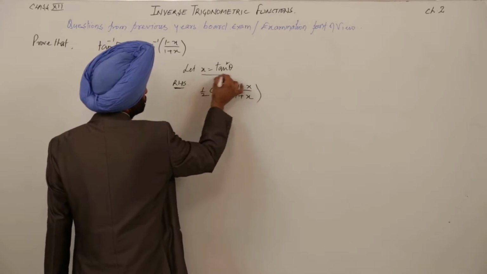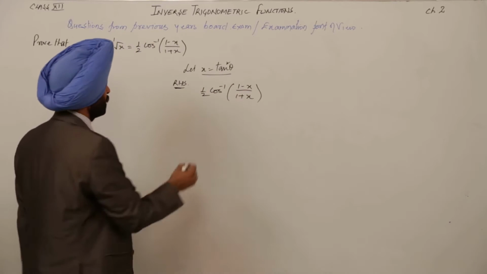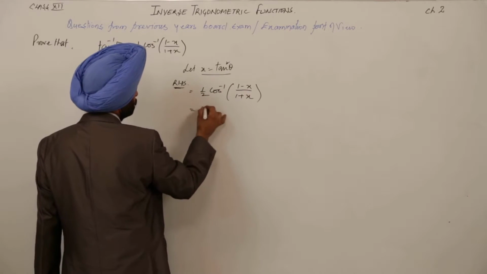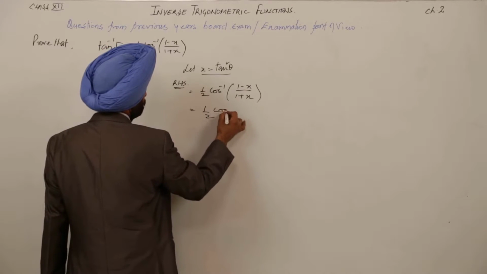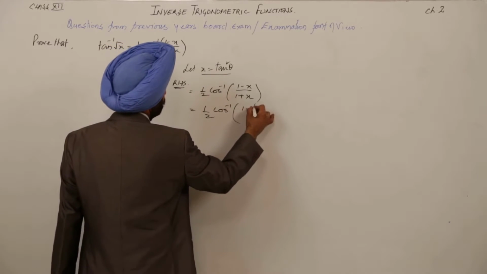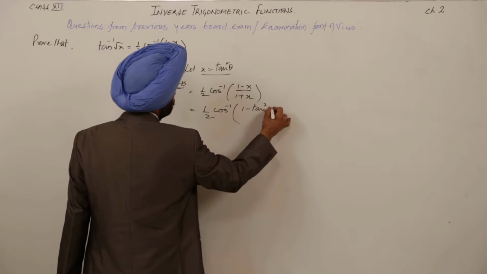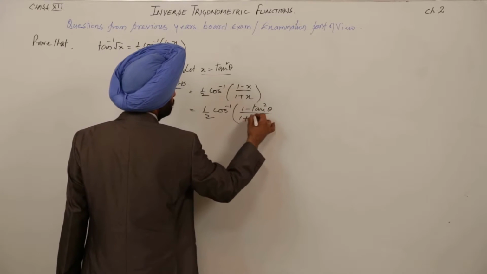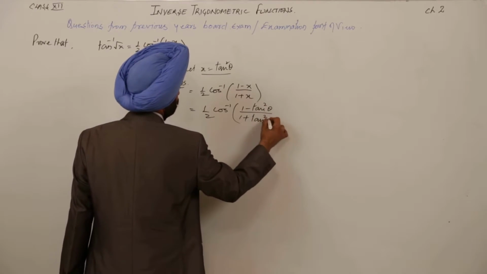Now using x is equal to tan square theta, this becomes half cos inverse of (1 minus tan square theta) upon (1 plus tan square theta).